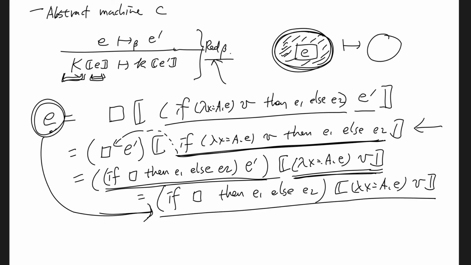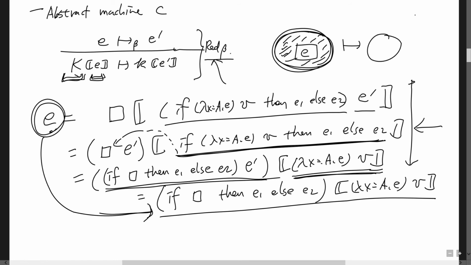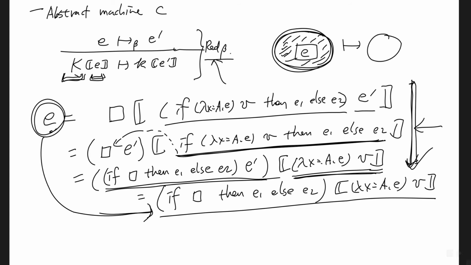But in the case of machines analyzing the given expression, every individual step should be explicit. And that's the basis for developing this abstract machine C. We'd like to make this analysis explicit rather than implicit. So that's the idea.